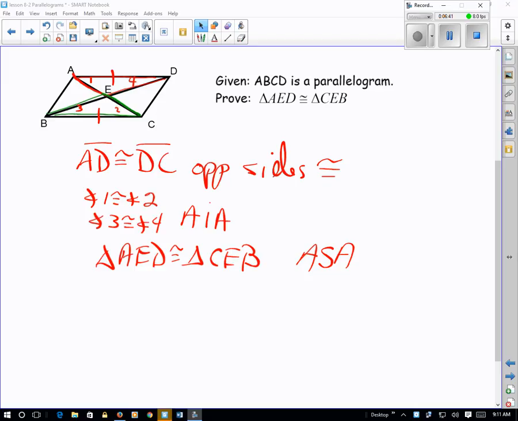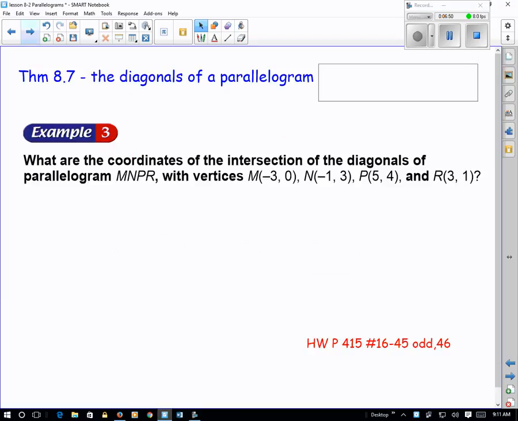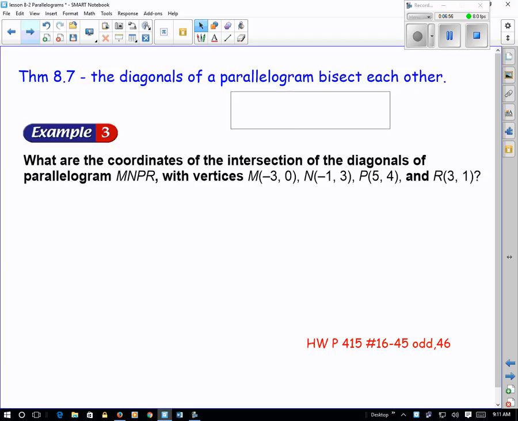You may see some of them there already in regards to the diagonals. So theorem 8.7 says the diagonals of a parallelogram bisect each other.